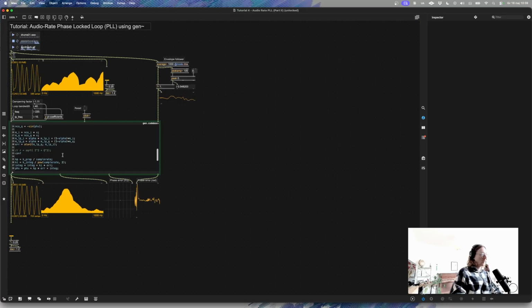So let's maybe call this confidence. We write square root of the I component to the power of 2 plus the same Q component to the power of 2.